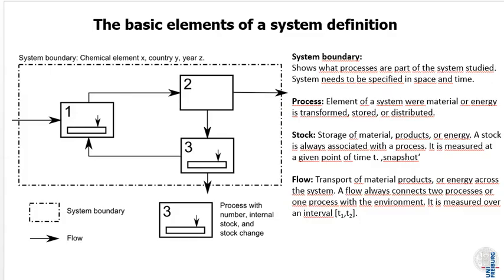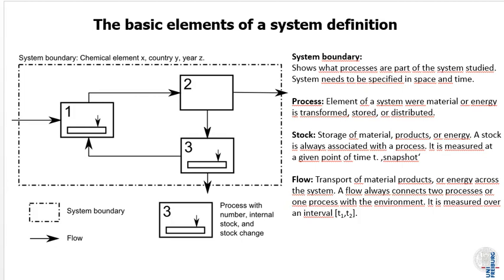The basic elements of the system boundary, system definition, were already presented, and here we have some formal definitions again that I pause now quickly so you can read them. We have the system boundary that tells you what's inside and outside.